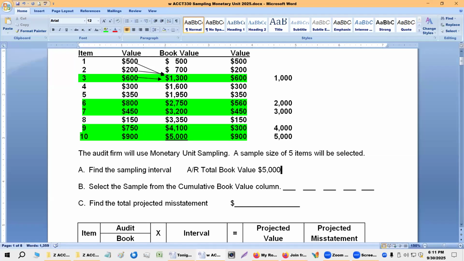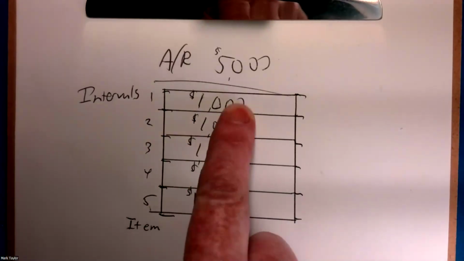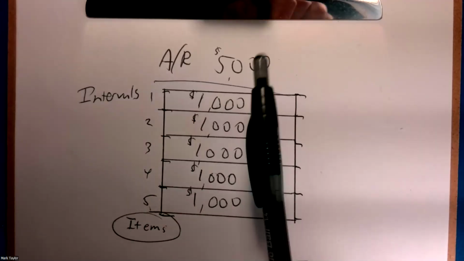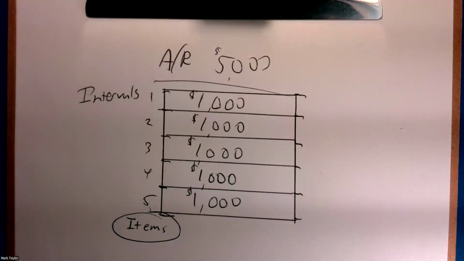The entire book value was 5,000 divided by 5 items. So we have 5 items, and each one can be 1,000.